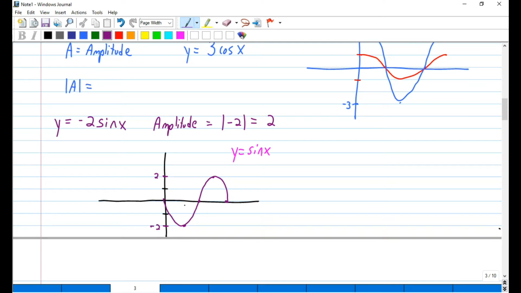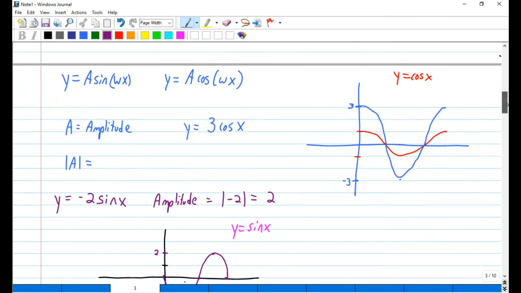Now, if we start changing the number in front of the x, so in my formula, it looks like a W, but we're going to call it omega. So changing the omega in front of the graph is actually going to either shrink or stretch the graph.